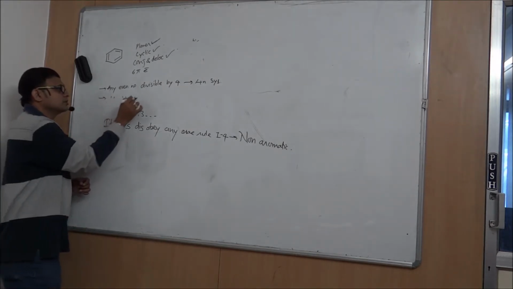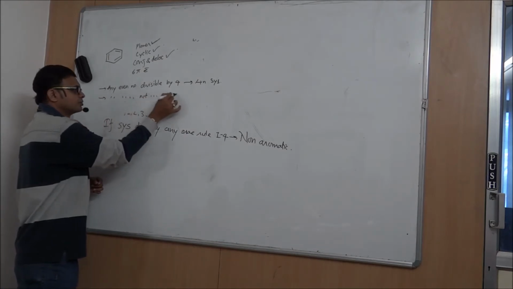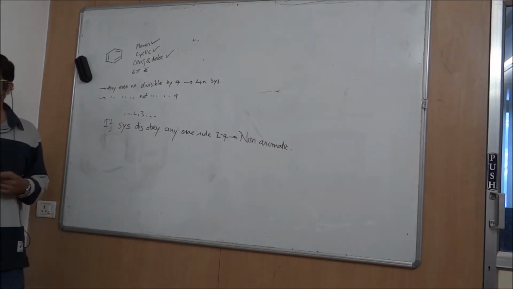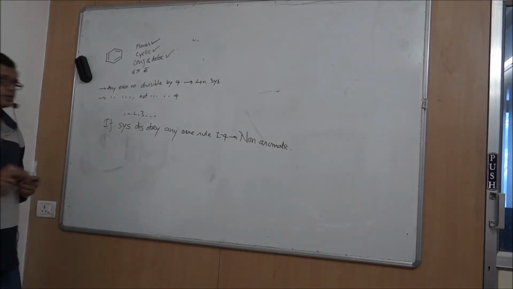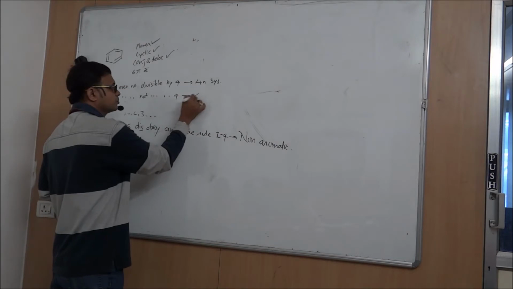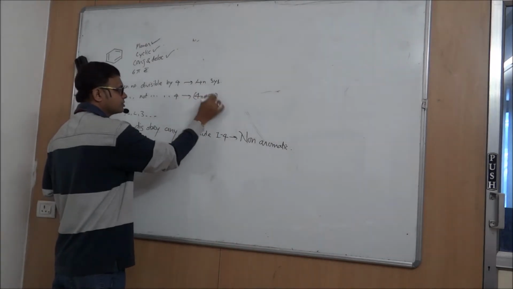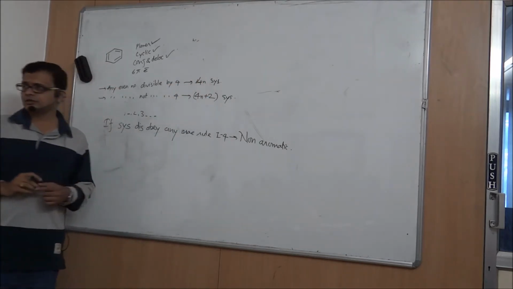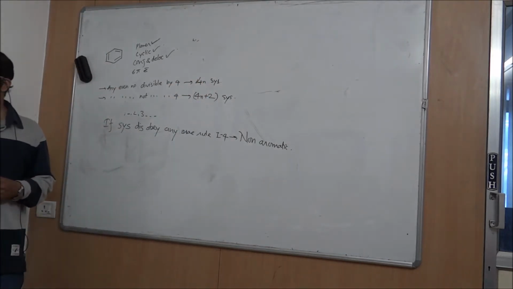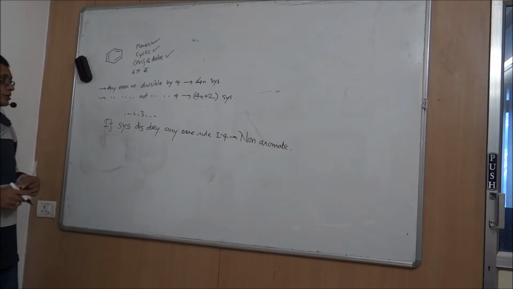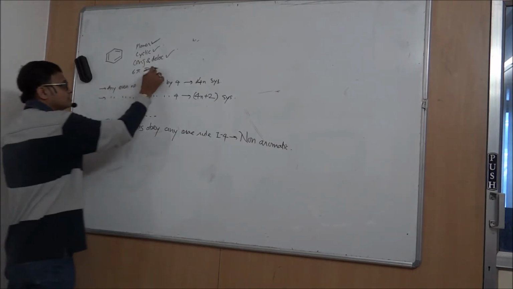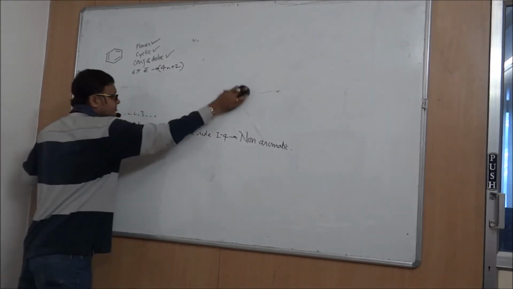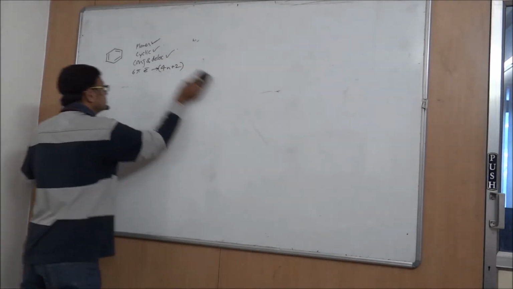Any even number not divisible by 4 is a 4n plus 2 system. So this way you can simply test whether the system is 4n or 4n plus 2. So now this is a 4n plus 2 system, so it is an aromatic system. Good.